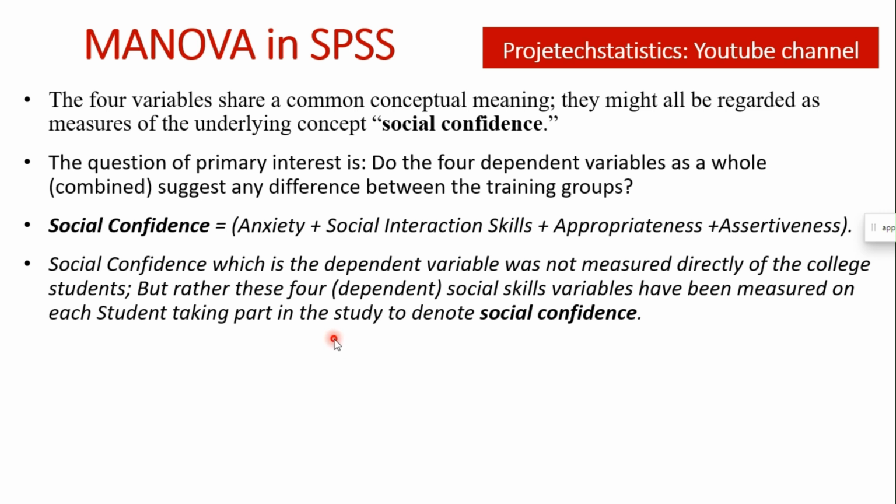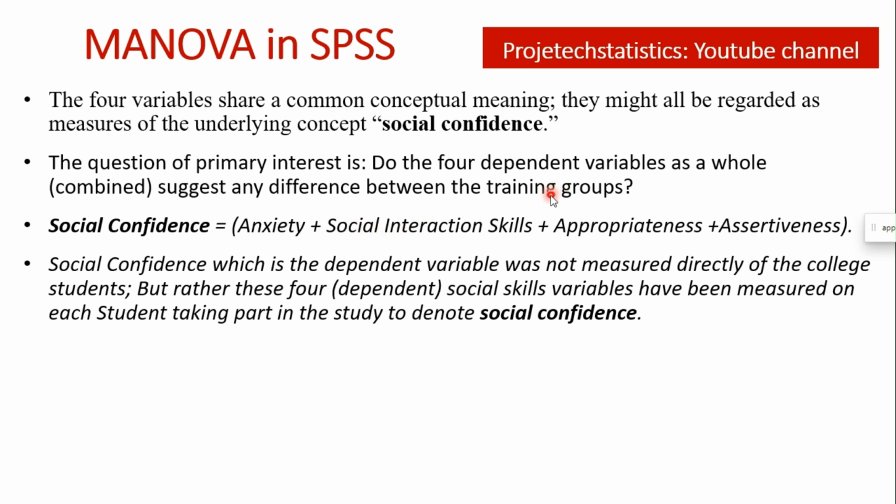The question of primary interest is, do the four dependent variables as a whole suggest any difference between the training groups? In other words, the null hypothesis states that there is no significant effect of training group on social confidence.